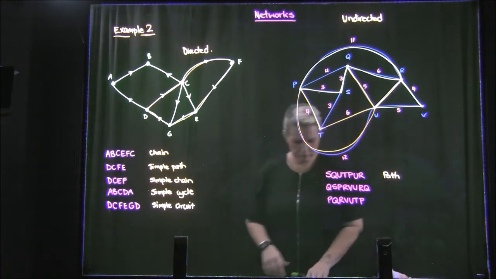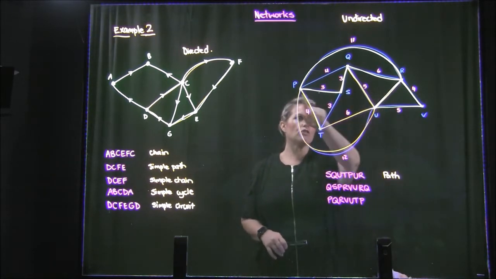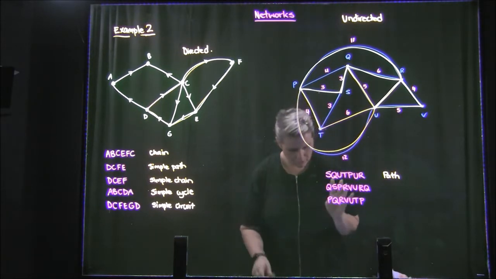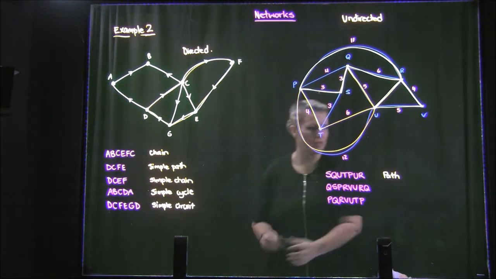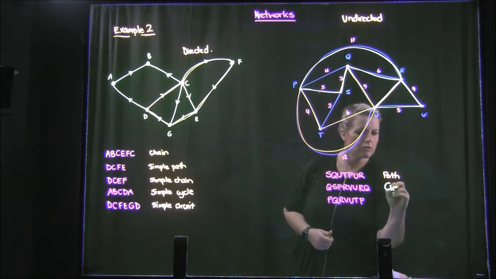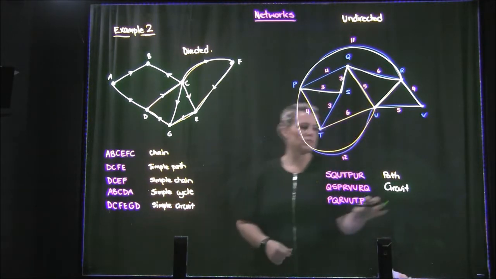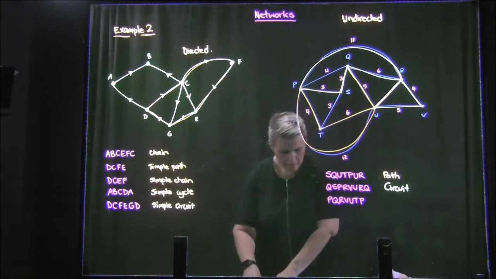Crosses over itself right there. And it returns to its starting point. So see how Q returns to Q? So it's not simple. It is just a circuit. So like what we did over here, but this was a simple circuit, this one is a circuit. Crosses over itself, so it's not simple.